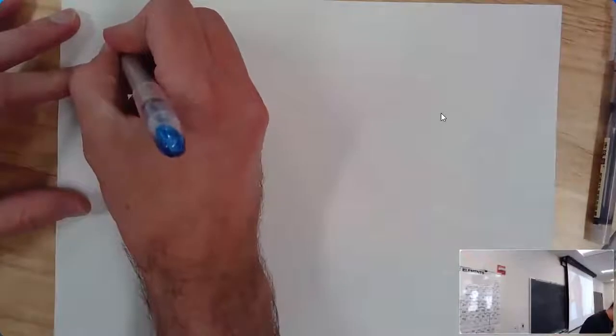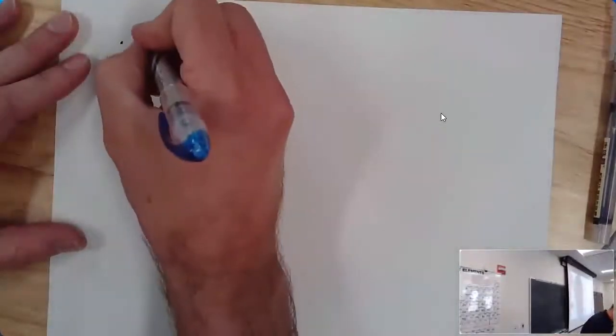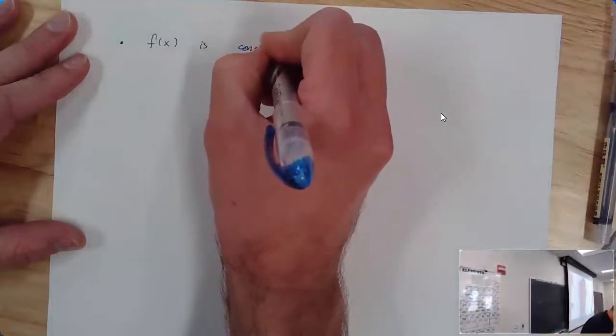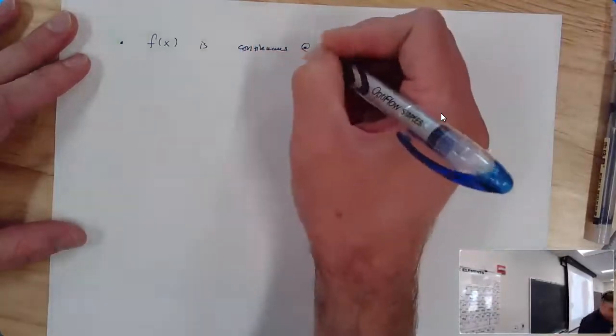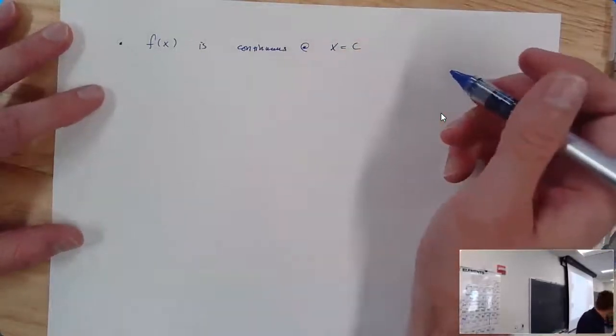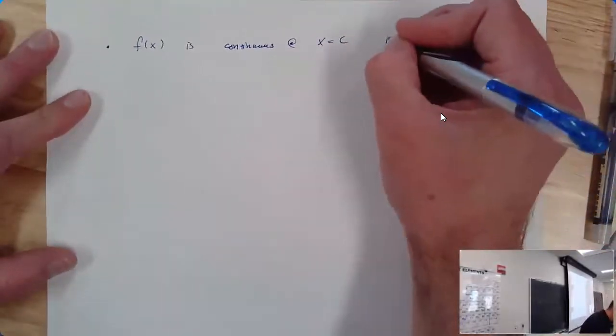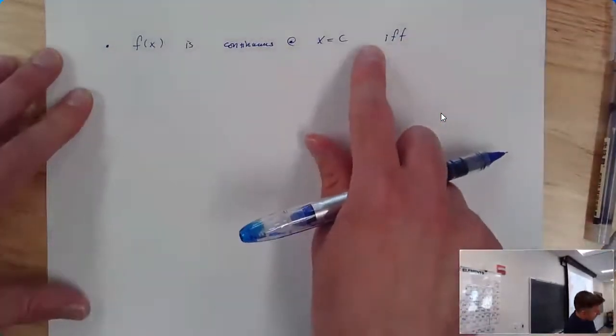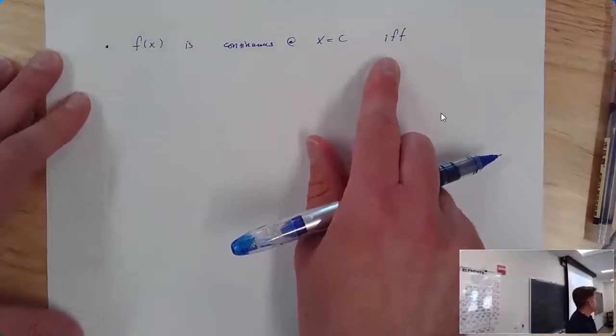Here's how we talk about continuity. Some people will say the following. f of x is continuous at x equal to c if, and here's something you might have seen at this point, when you see an "if" with two f's, it means if and only if.